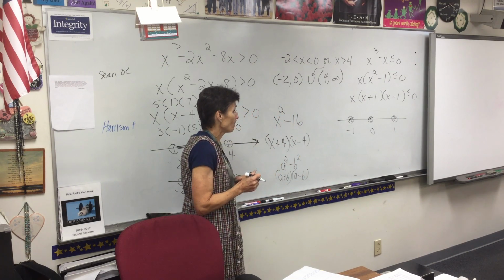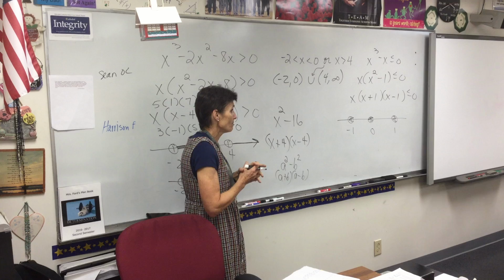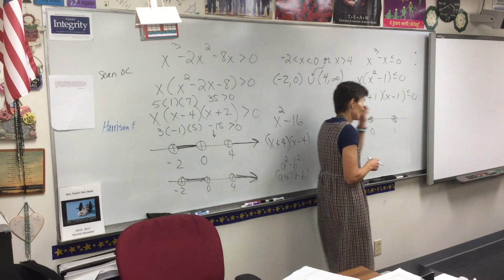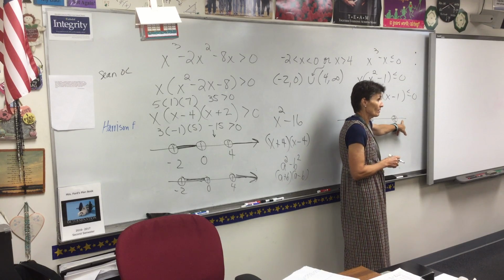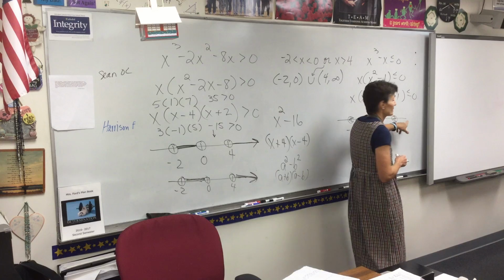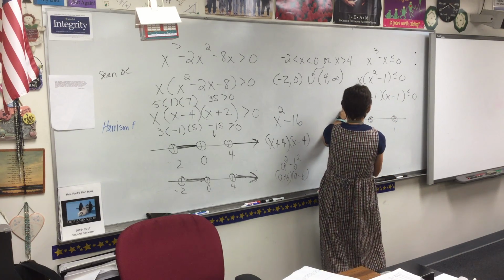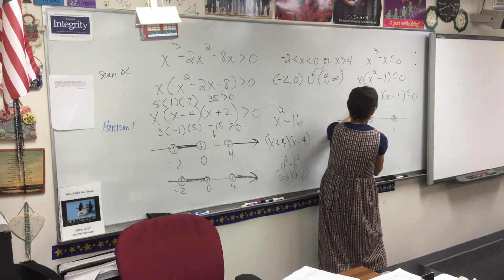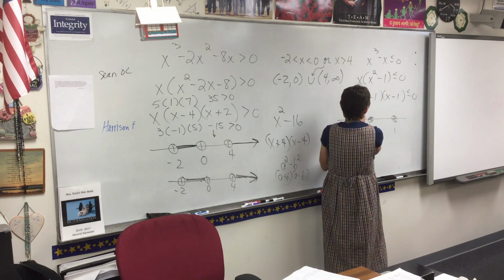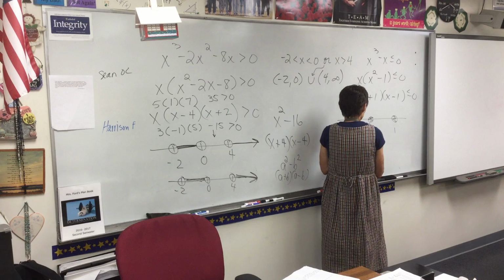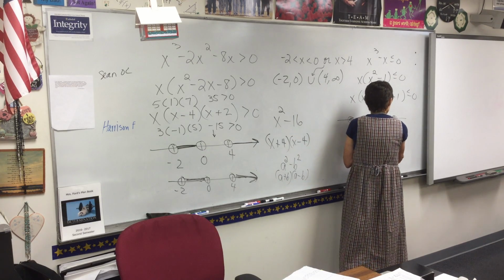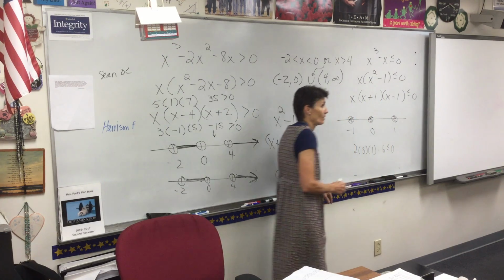So what number do you want to try, Tessa? 2. Now pay attention. She picked 2, so she's out here. So we're going to see if we shade out there or not. So here we go. We put in 2. We have 2, 3, and 1. If we put in 2 for all the x's, we have 2 times 3 times 1, which is 6. Is 6 less than or equal to 0?